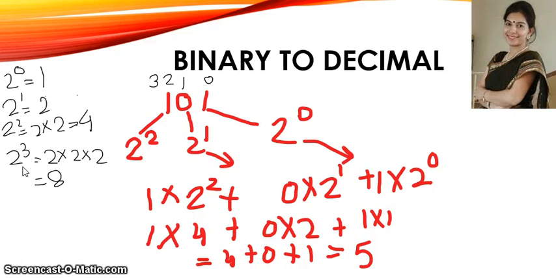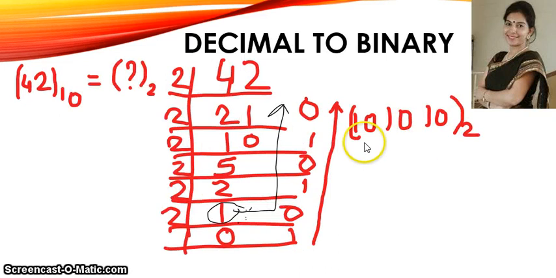So now we can test whether we have understood binary to decimal correctly or not by testing this number 101010, which we have converted from decimal to binary. If we convert this binary number back to decimal, and if the answer is 42, that means we have converted it correctly, or the way to convert binary to decimal is correct.